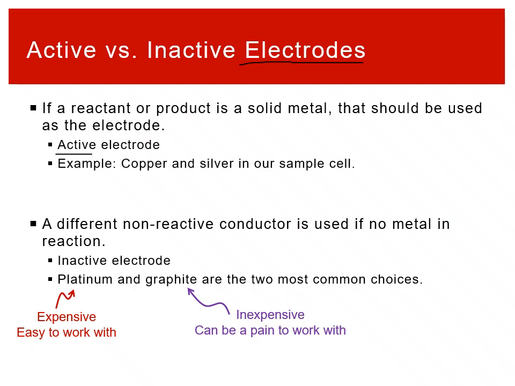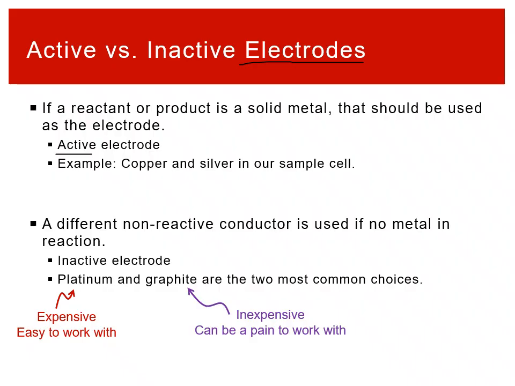So if there is a solid metal participating in the half reaction, you just use that. For example, in some of the cells that we looked at previously, say copper and zinc, you just used copper and zinc metal, and that was the active electrode. And we saw that they were participating in the reaction because their masses were changing, whether reactant or product.